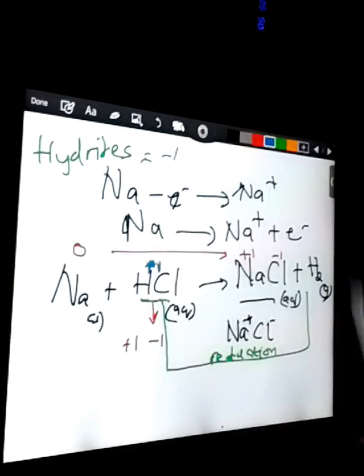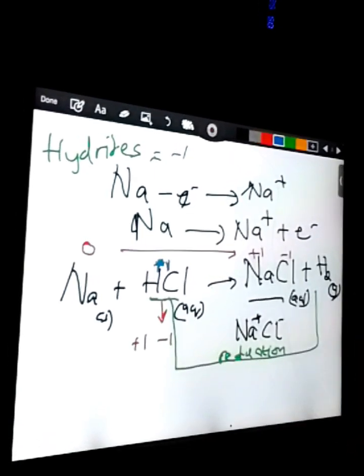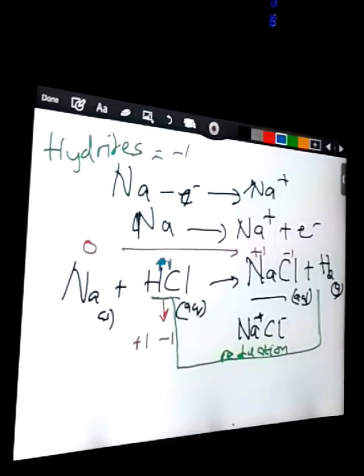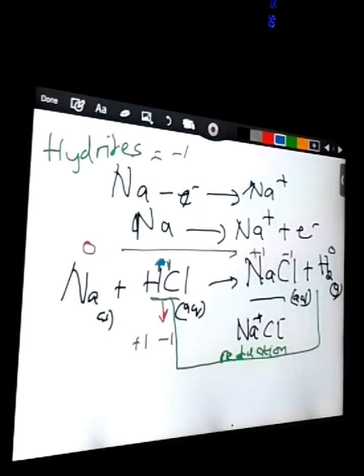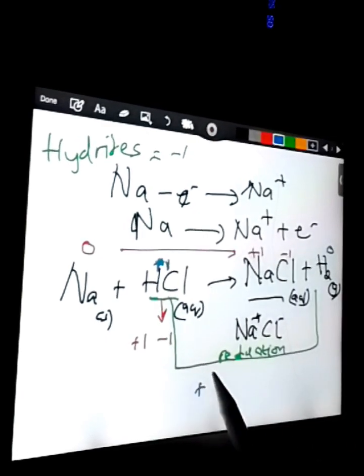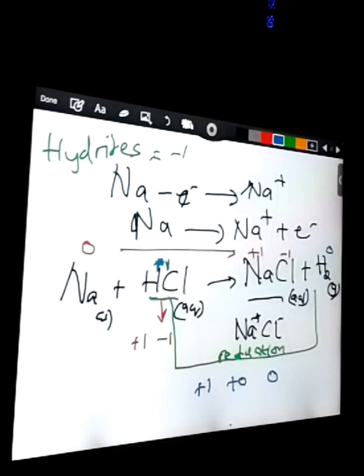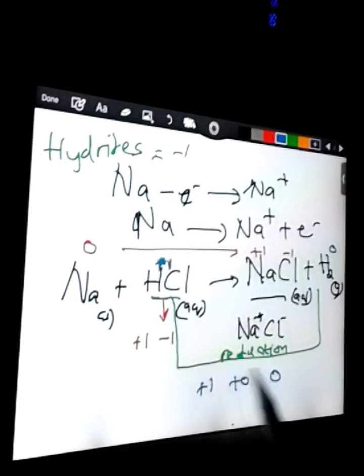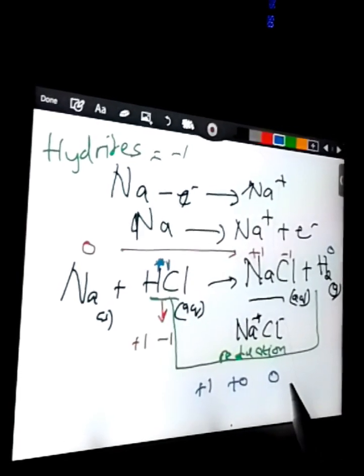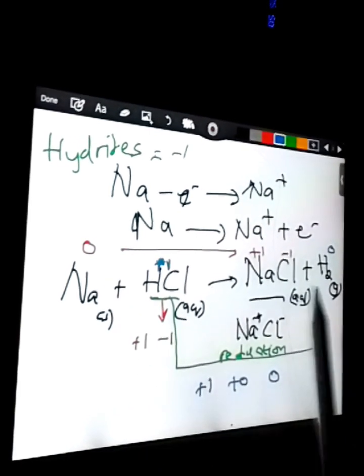It is +1 here, and the oxidation state of uncombined elements in their free state is 0. So it has moved from +1 to 0, which is reduction, because there is a decrease in oxidation number. So in this reaction, sodium has been oxidized.